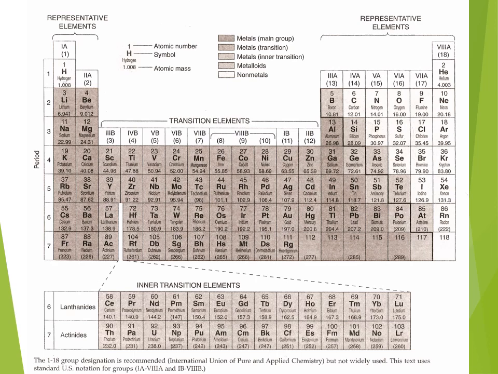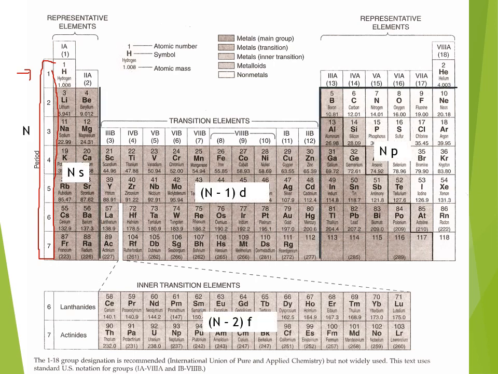So where are these orbitals represented on the periodic table? Well, we said the principal quantum number were these numbers off to the side here, 1 through 7. That will tell us which period we're looking in. For the angular momentum quantum number, we're going to look from above. What that means is we're going to look at the columns.